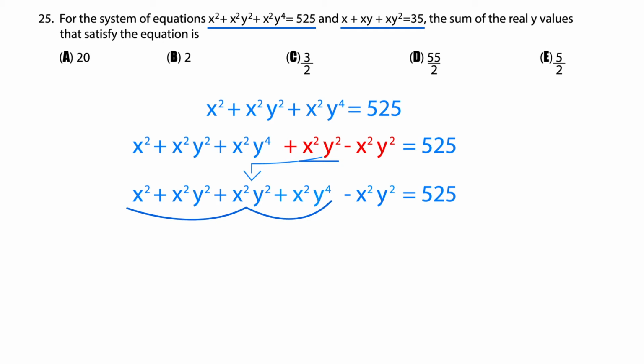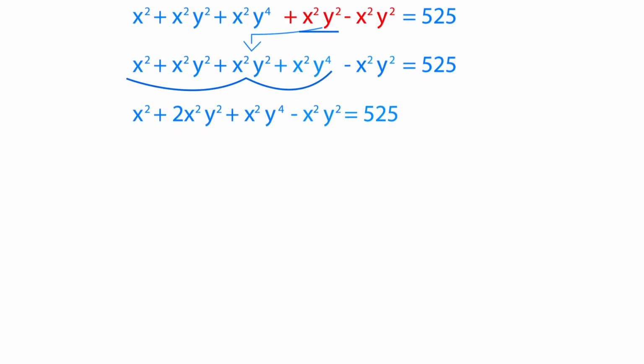Now this part here, we can combine: x squared plus 2x squared y squared plus x squared y to the fourth minus x squared y squared is equal to 525. And at this point, this is factorable. This becomes x plus xy squared, all squared, like that. You can multiply it all out if you're not convinced. And this remains x squared y squared is 525.